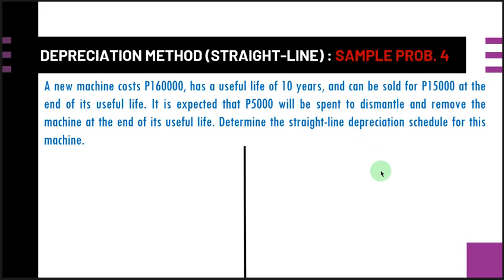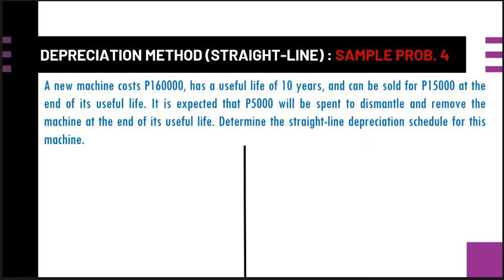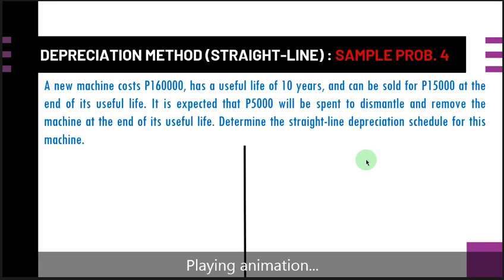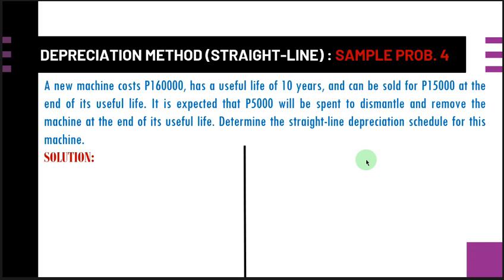So here our approach will be, we need to determine now the depreciation schedule using the straight line method. Probably we are going to calculate first, before we make a table for this depreciation schedule, the rate of depreciation.